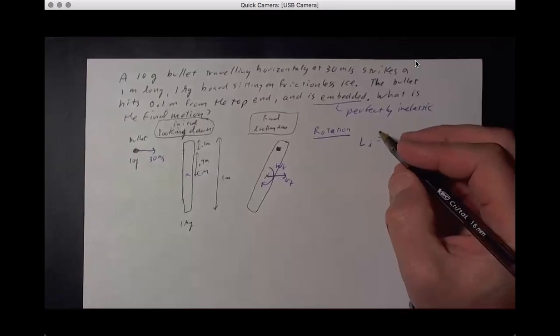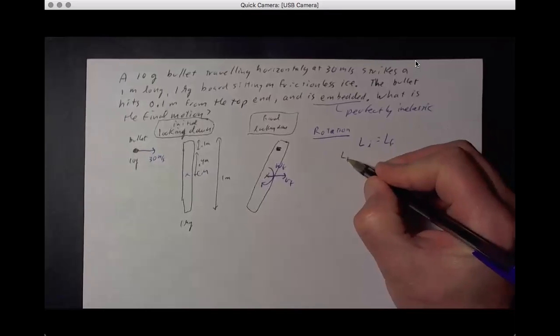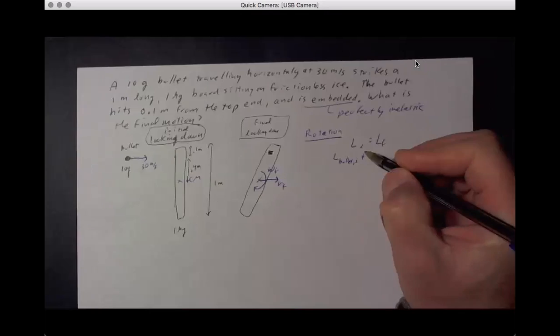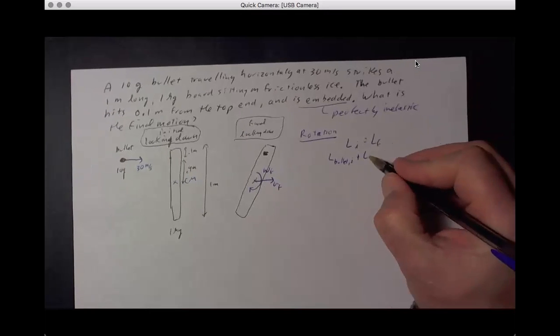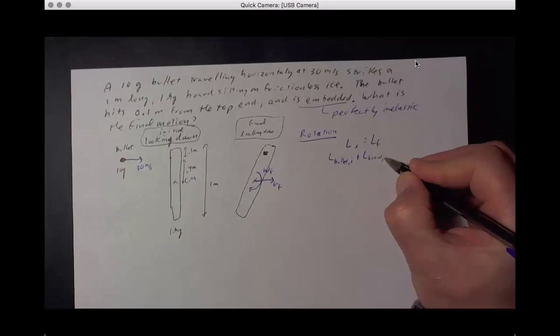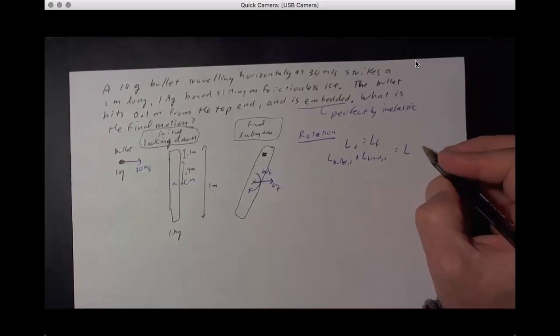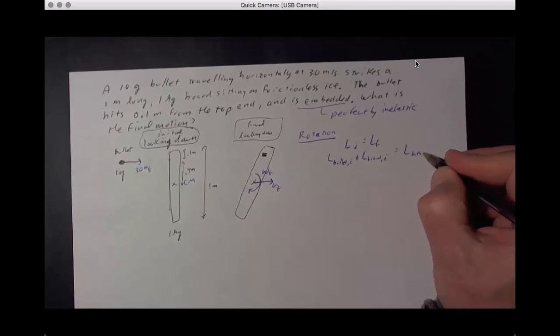And so that means L bullet initial plus L board initial is equal to L both final.